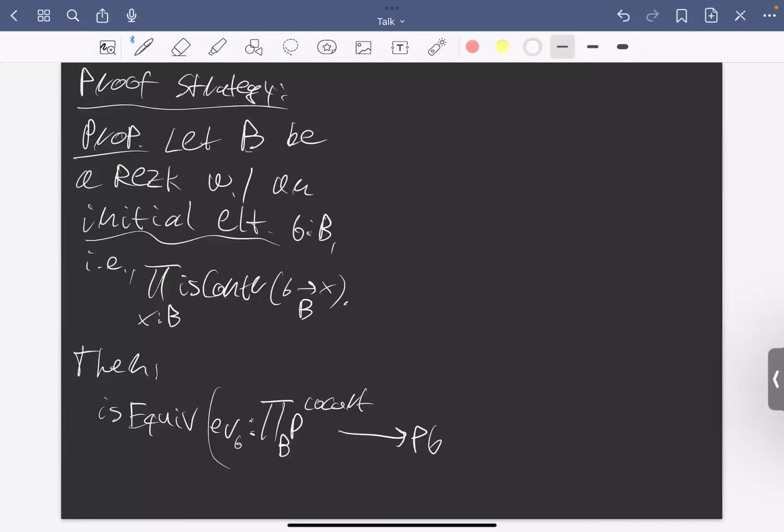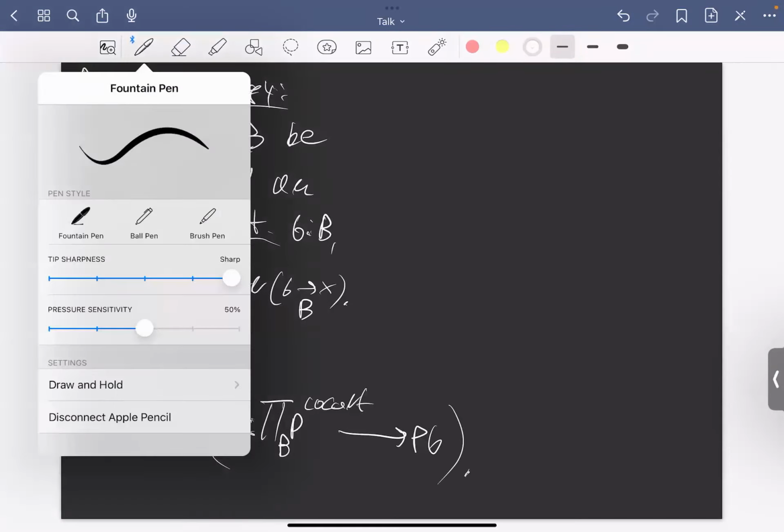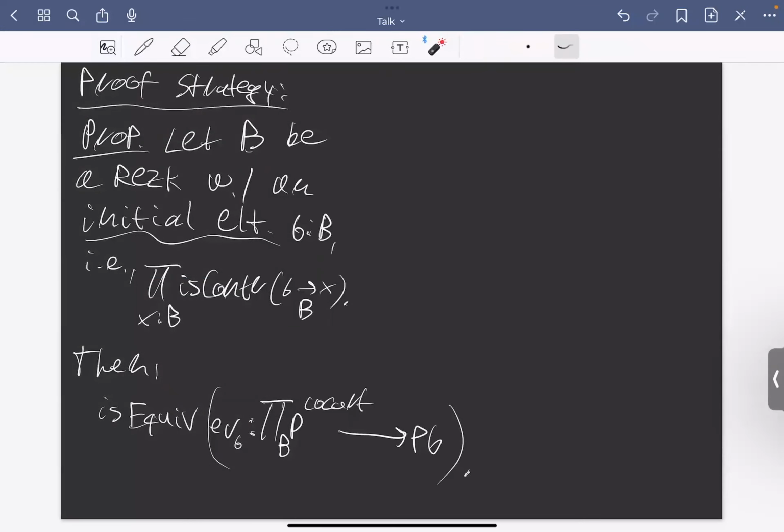Given a section, that will give us, of course, an element in the fiber. And I'm claiming that this is supposed to be an equivalence. And a posteriori, that also shows that this type of objects here actually happens to be a Rezk type too, because it's going to be equivalent to a Rezk type.